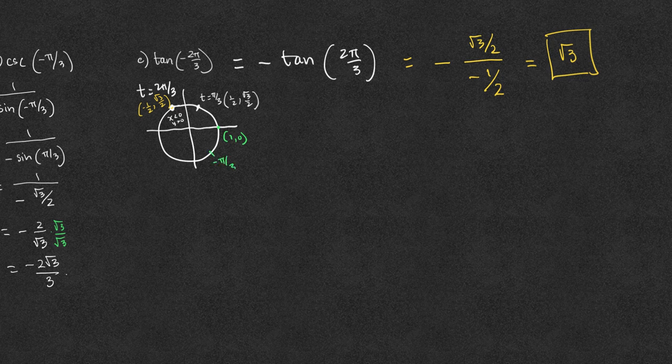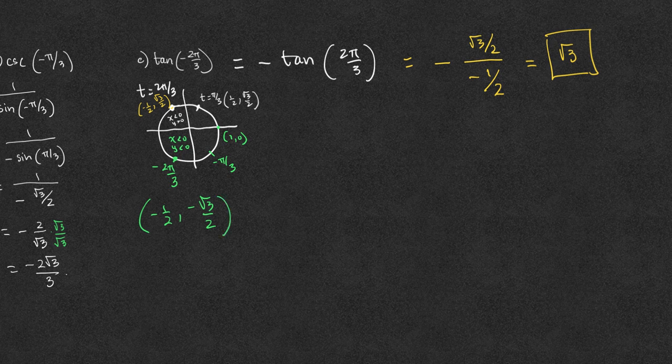Negative pi over 3, negative 2 pi over 3, which is in the third quadrant where x is negative and y is negative. The coordinate of the terminal point determined by negative 2 pi over 3 is negative 1/2, negative root 3 over 2.